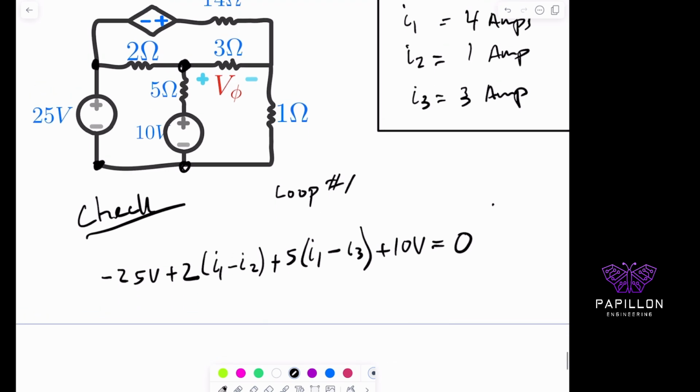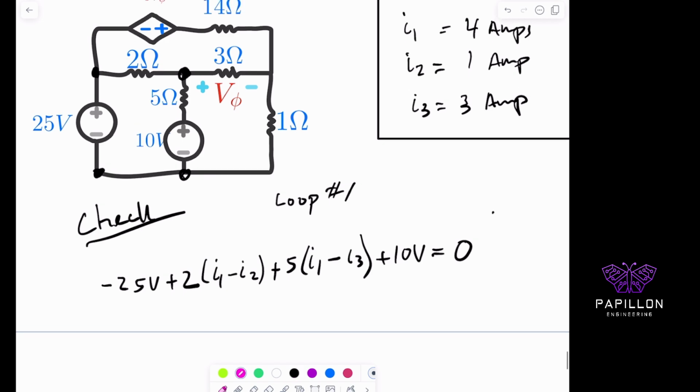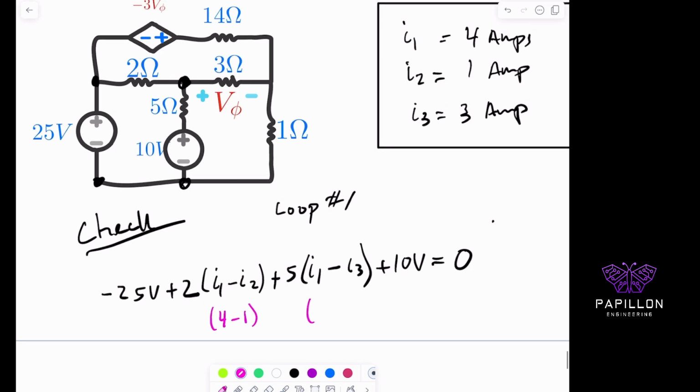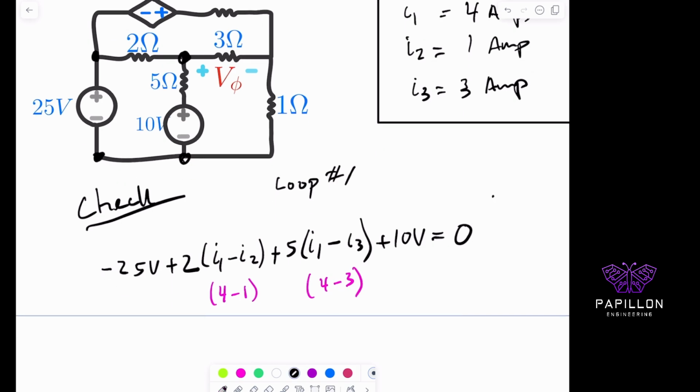So if we now substitute our values of I1 and I2, let's go ahead and do that. It's going to be 4 minus 1 amp, right? And this piece is going to be substituted with 4 minus 3. Okay, sorry, I'm doing all this live for fun. And this time minus 25 and positive 10 gives me back minus 15 volts.